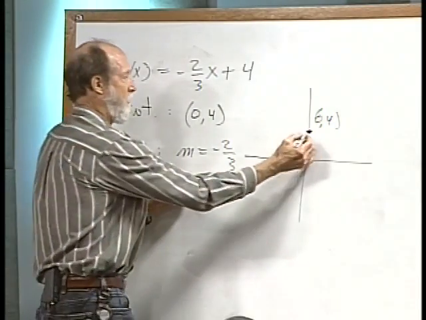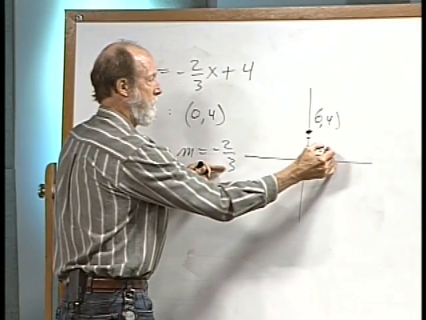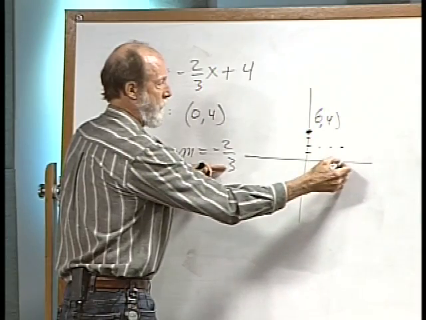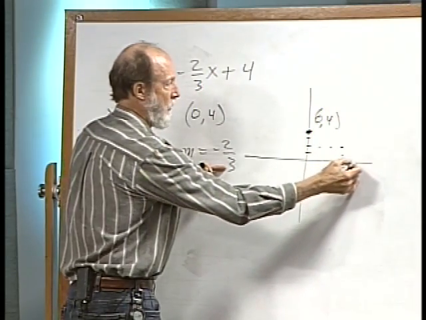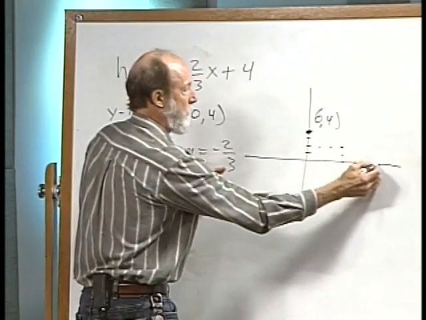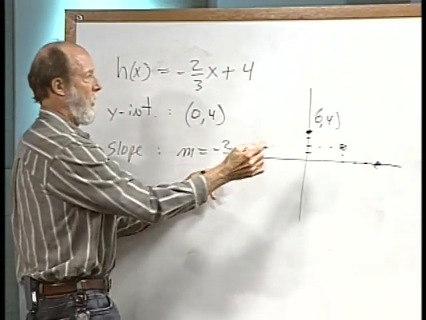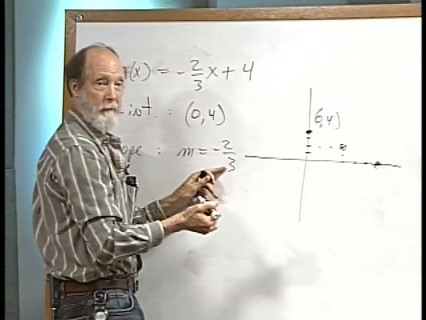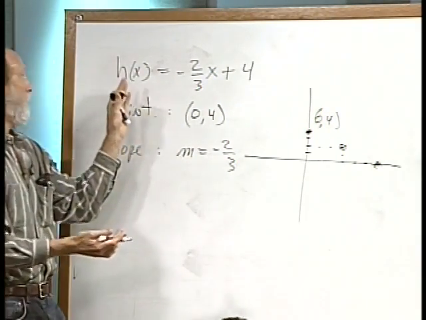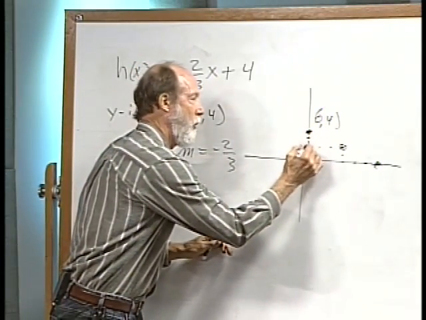So we know that we would drop 2 and run over positive 3, and continue to do that, drop 2 and over 3. And so we get a series of points other than the 0, 4 location. Now what we could do is go back to the original equation and just find some other point instead of playing the stair-step game with our slope.